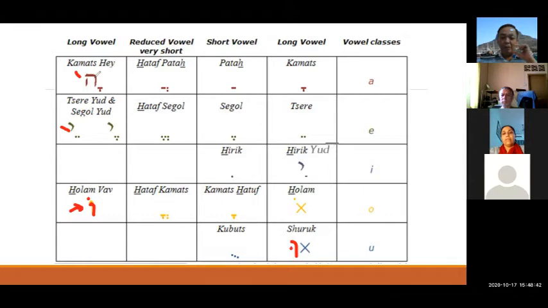They are not really vowels, they are consonants, but they behave like vowels. Together with the kamats, the hey becomes kamats hey. This is what we call, in English, the mater lectionis. I will mention this again later, but I'll just give you a brief explanation.